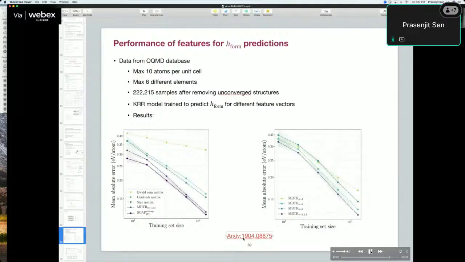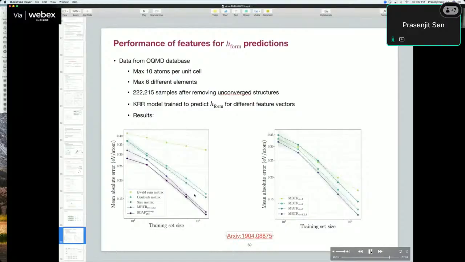Data from OQMD database, you will have linked to OQMD on my slides. And what they have chosen are materials that have maximum of 10 atoms in unit cell and a maximum of 6 different elements in the unit cell. And that way they found 222,000 materials after some not properly converged structures were removed.